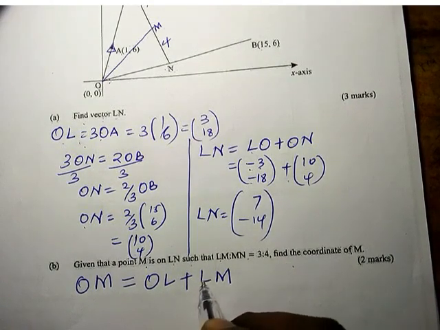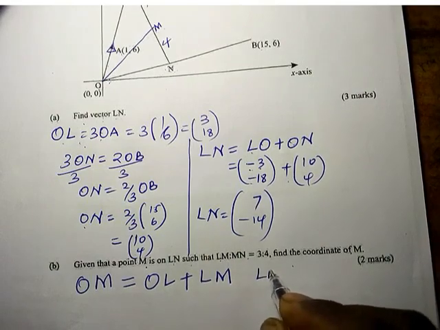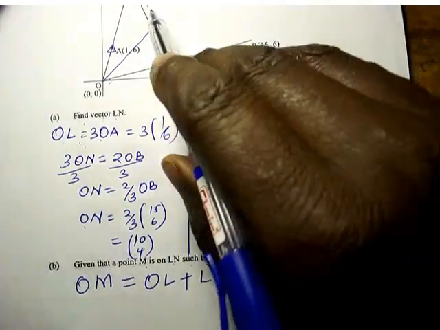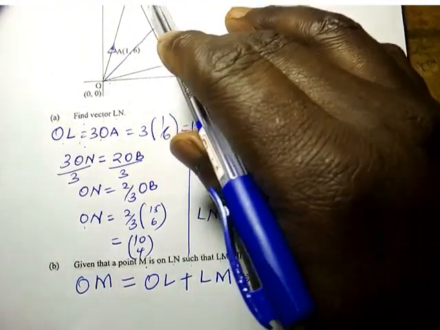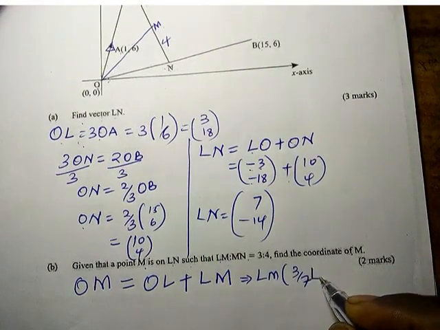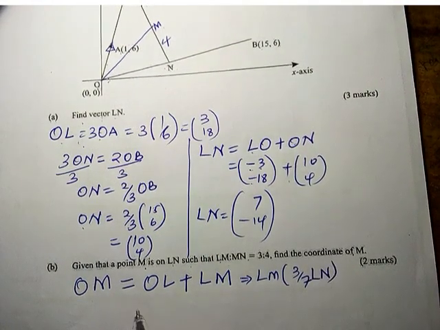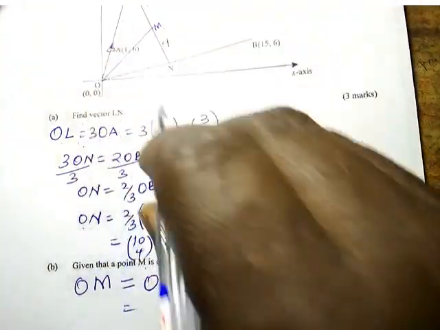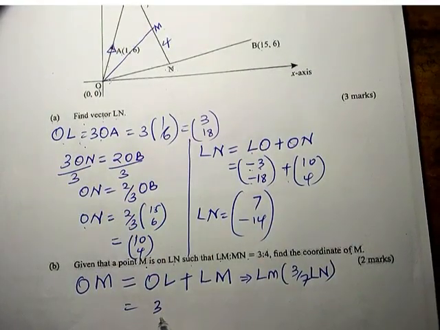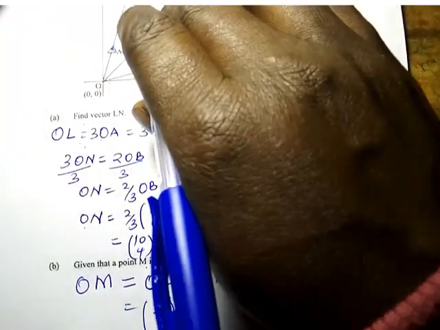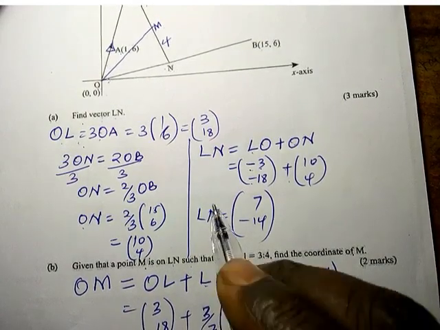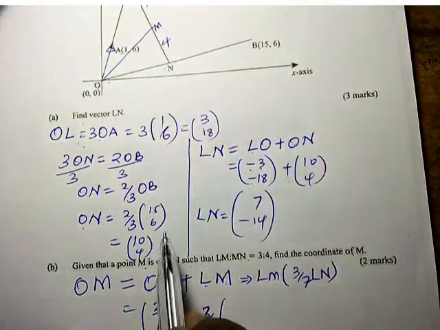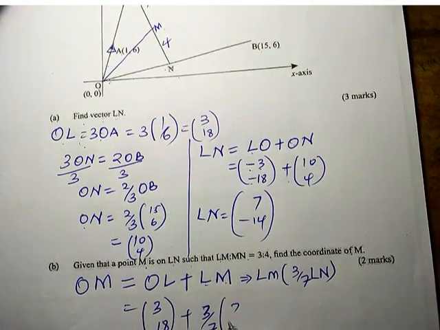But we know that LM is equal to 3/7 of LN. So we are going to have OL, which is (3, 18), plus LM, which is 3/7 into LN, and we know LN is (7, -14).